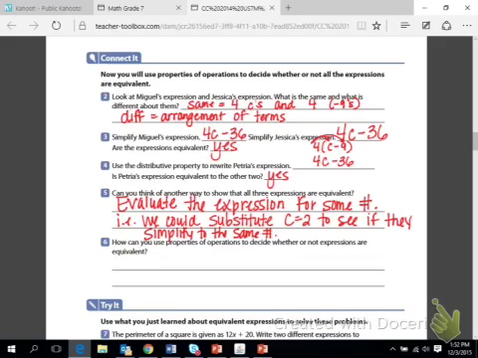Then we want to know, how could you use properties of operations to decide whether or not expressions are equivalent? The properties that we've talked about are commutative, associative, and distributive. So you can use those properties.